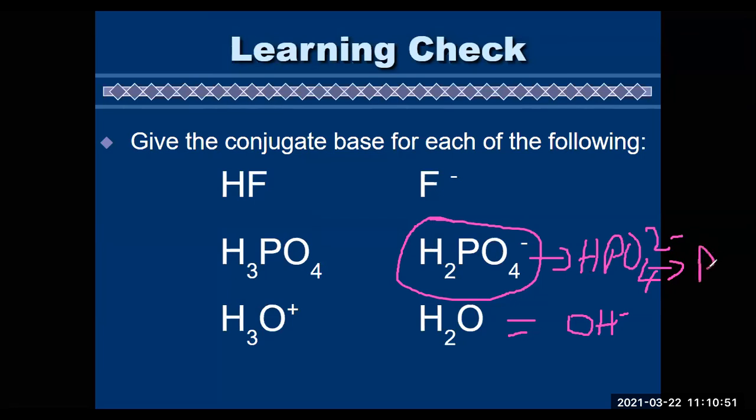PO4 3 minus. Excellent. That is it. You can see that this is a phosphate. If you check your formula sheet, phosphate has PO4 3 minus charge. So this is how to get your conjugate base and conjugate acid.